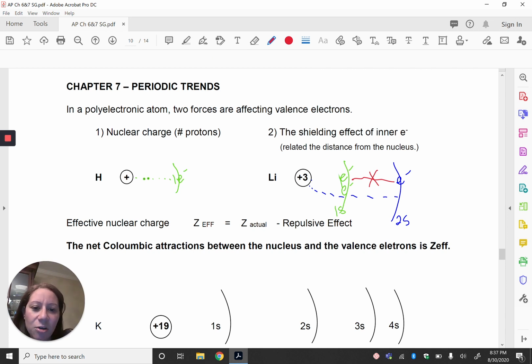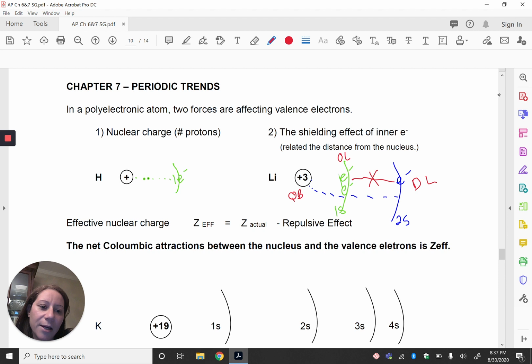If you remember last year, I compared this to football, and I said, imagine this is the quarterback, and this is the defense, the defensive line, and then this is the offensive line.